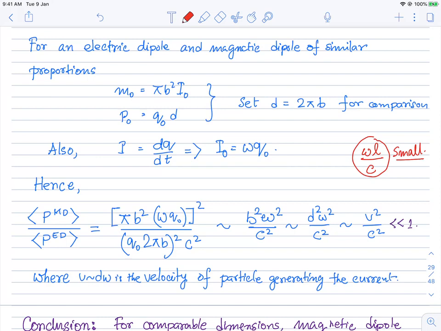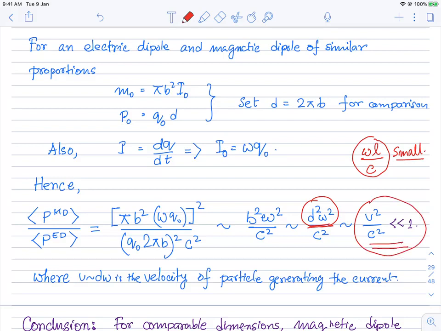But we see secretly, even for the magnetic dipole moment to electric dipole moment, there's this factor here. You can think of this more like the velocity. If d is the displacement vector, then this is more like the velocity, v square by c square. So this is typically very much less than 1.